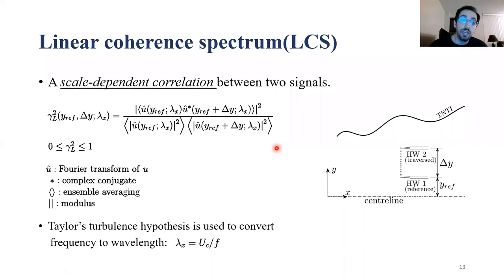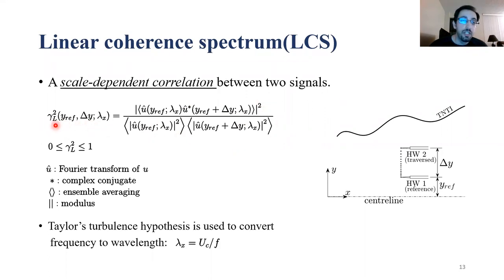And the way we calculate it, we take the Fourier transform of the two velocity signals from hot wire 1 and hot wire 2, multiply one of them by the complex conjugate of the other one, and do this for many realizations, take the ensemble average of them, calculate the modulus, and finally normalize it.